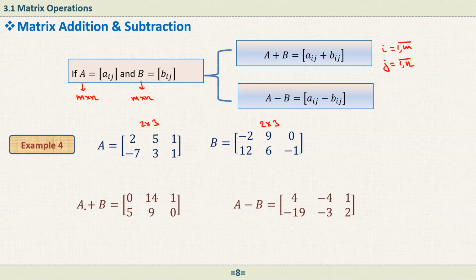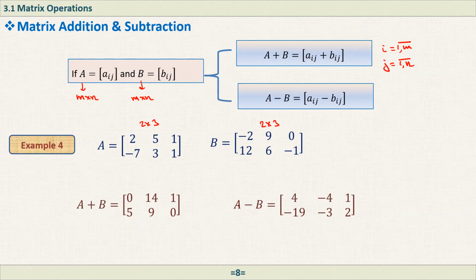If we add A plus B, corresponding entries: 2 plus negative 2 equals 0, 5 plus 9 equals 14, 1 plus 0 equals 1. How about the second row? Negative 7 plus 12 equals 5, 3 plus 6 equals 9, and 1 plus negative 1 equals 0. So we have just added these two matrices together.